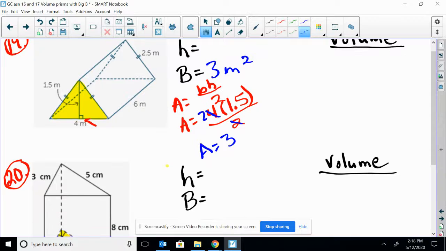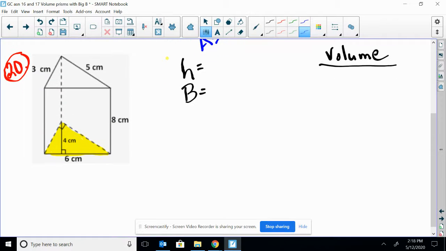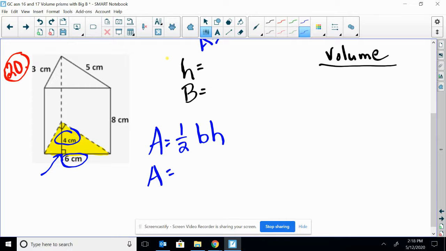All right, our last one, we have another triangle. We know the area of a triangle. If you look on your formula chart, it's written as 1/2 base times height. So looking for a right angle, it's right there. So we know our base is 6, our height is 4.